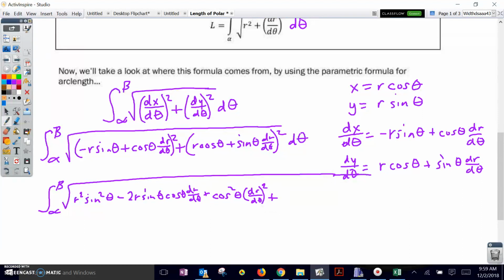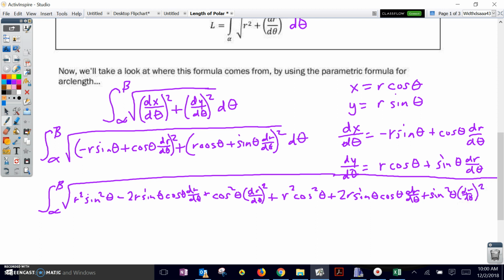Then we expand the second one out, and we've got r squared cosine squared of theta plus 2r sine of theta cosine of theta dr/d theta plus sine squared of theta (dr/d theta) squared, all with respect to theta.